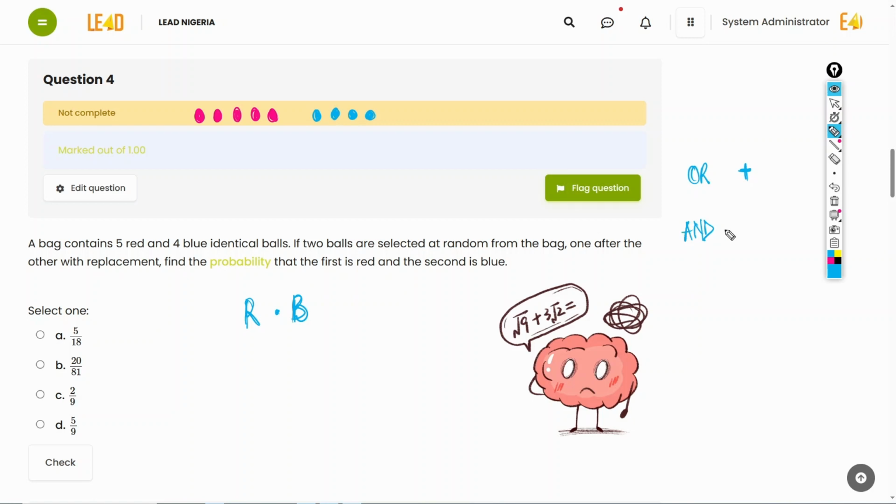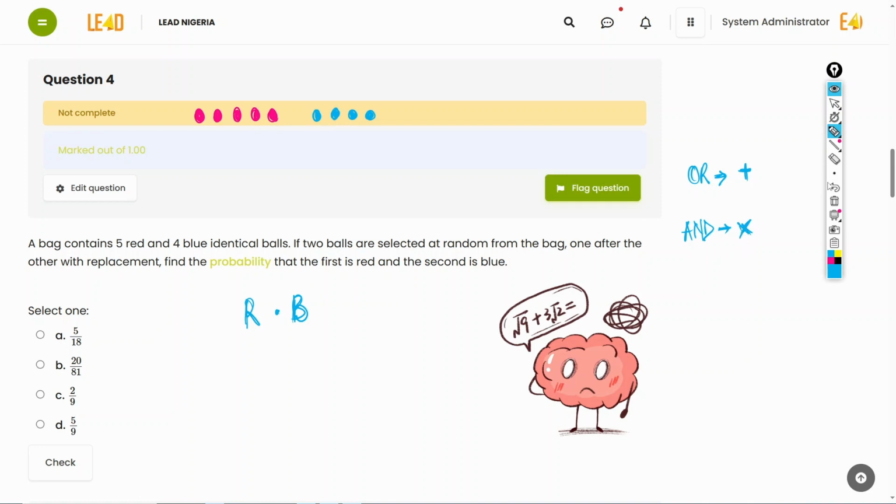That's a multiplication. So people just say or, you use addition, because if or qualifies what you're trying to explain, then you use addition, which is correct. And if and better qualifies what you're trying to explain, you use multiplication. It's a rule you could hold on to as a student.